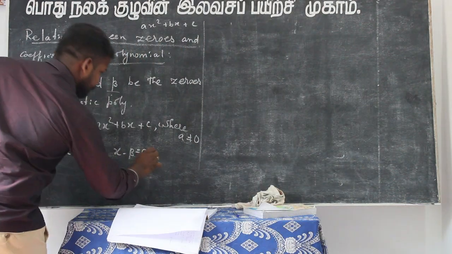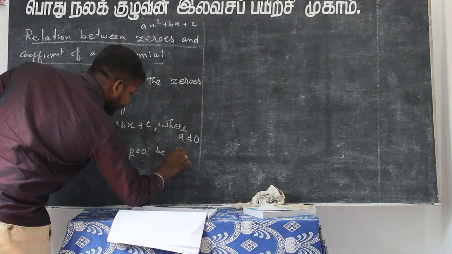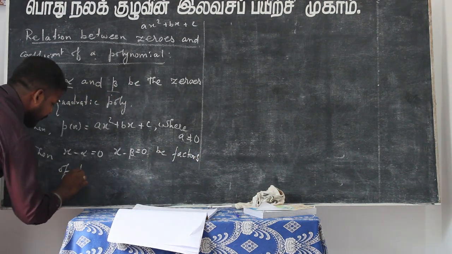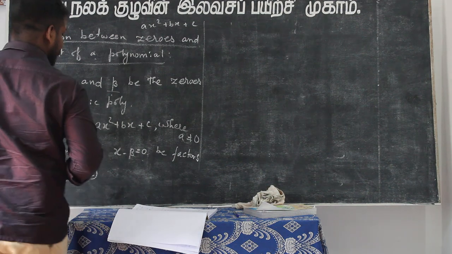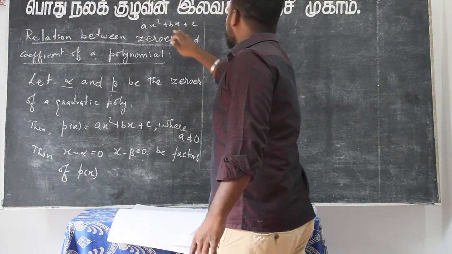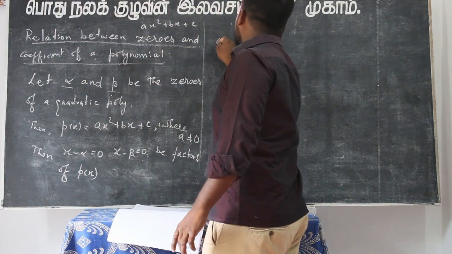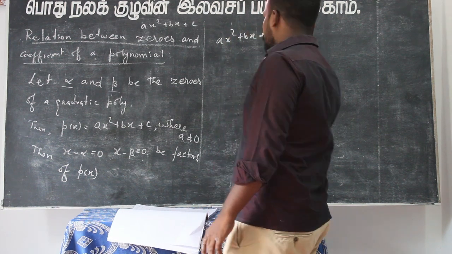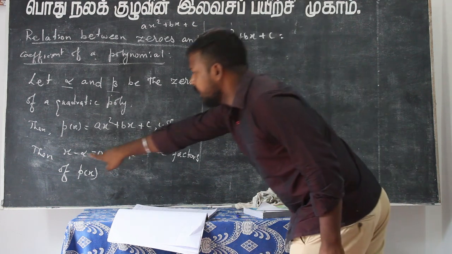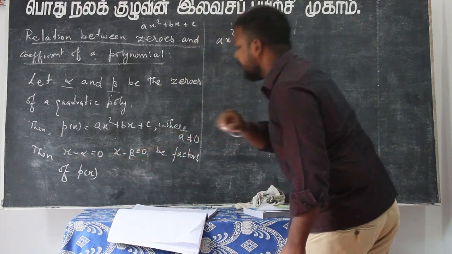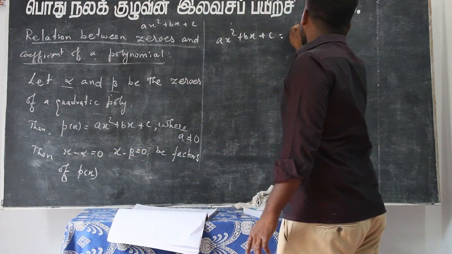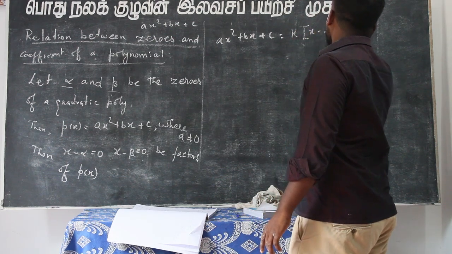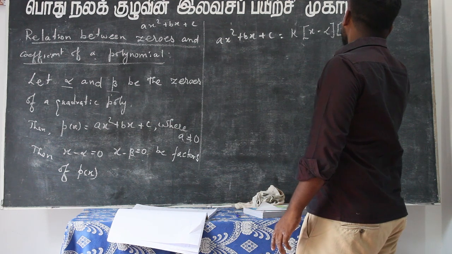These are factors of p of x. So this is one quadratic equation, ax square plus bx plus c. What are the factors you are having here? x minus alpha and x minus beta. So it is equal to k into x minus alpha into x minus beta.